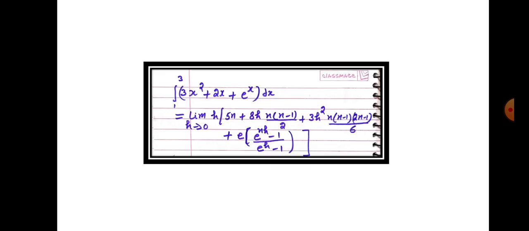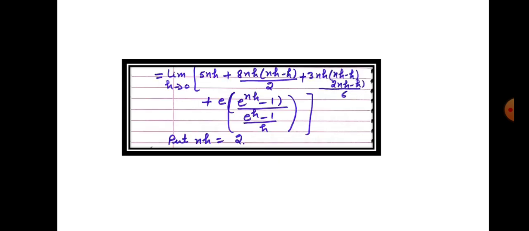So integration 1 to 3, 3x square plus 2x plus e raised to power x dx is equal to limit h approaches 0, h times 5n plus, now applying the formulas, 8h into n minus 1 whole divided by 2 plus 3h square into n minus 1 into 2n minus 1 whole divided by 6 plus e into e raised to power nh minus 1 whole divided by e raised to power h minus 1.